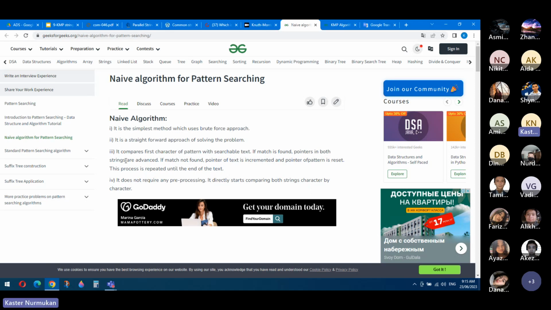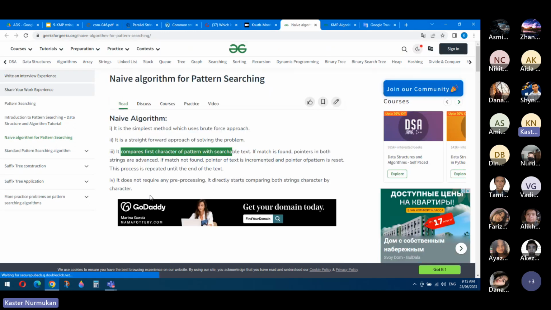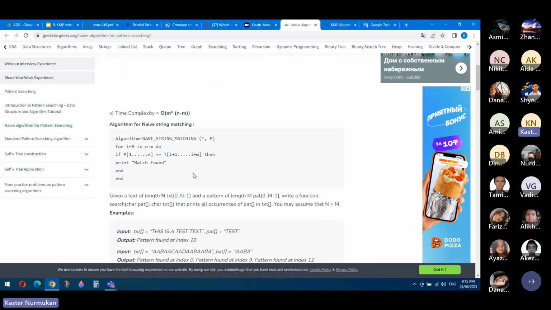What's the feature? You take the pattern and compare its characters, searching in the text. If you find it, you note the pointer. Otherwise, you keep comparing; each time it fails you reset the process, then repeat again. So that's the naive algorithm. How does it look?